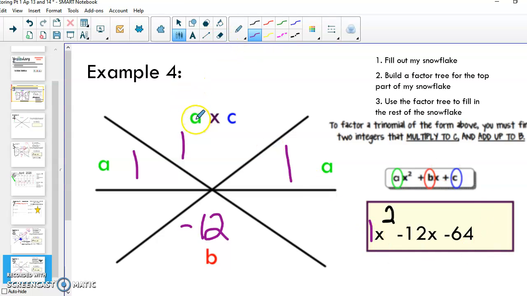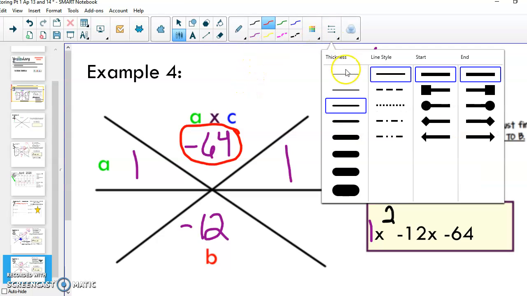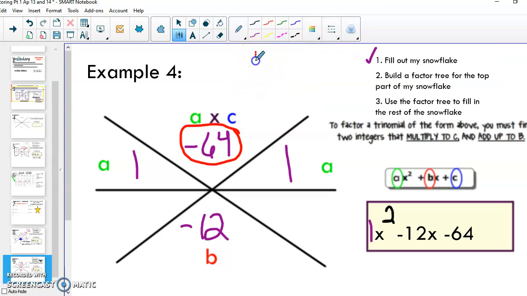So I know that my A times my C is going to leave me with a negative 64 when I do that multiplication. I've done step 1, good to go. Now I can go ahead and do step 2 to build that factor tree for the top part of my snowflake. My top snowflake is the negative 64, so I want to think what numbers are going to multiply to give me 64.